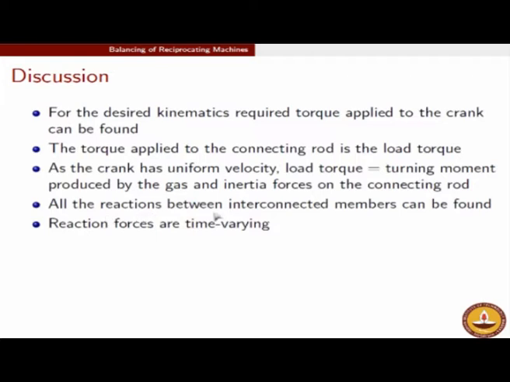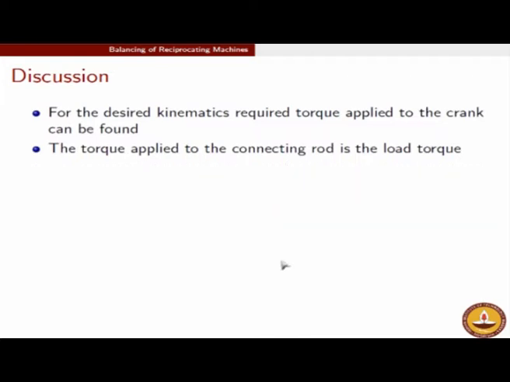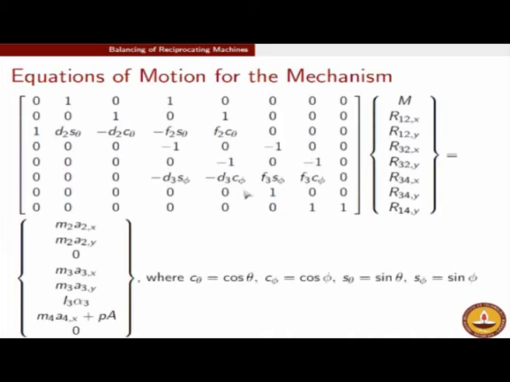More importantly, all the reactions between interconnected members can be found, and remember this calculation is valid for one value of theta. You have to repeat this calculation in a loop for different values of theta, because this matrix has entries which depend on theta, and for each theta the acceleration of the crank and the connecting rod will change, and so will the angular acceleration of the connecting rod.